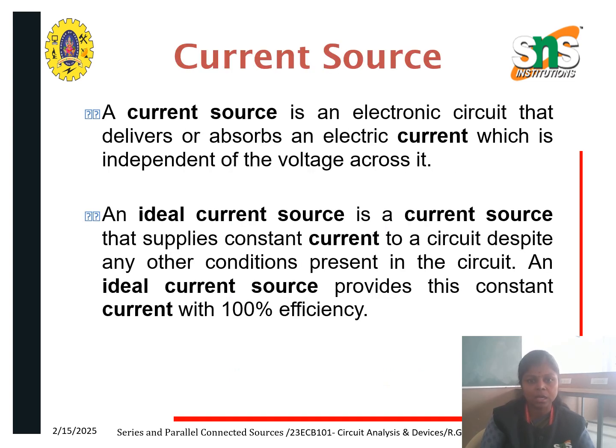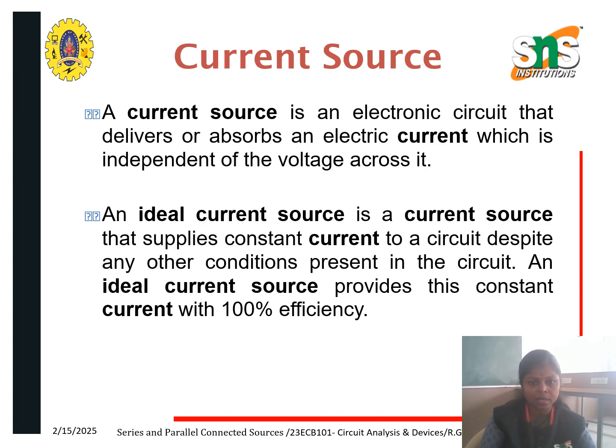Current source. The current source is an electronic circuit that delivers or absorbs electric current which is independent of the voltage across it. An ideal current source is a current source that supplies a constant current to the circuit despite any other condition present in the circuit.